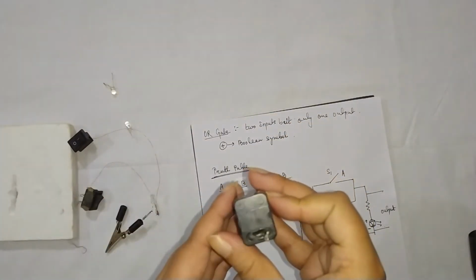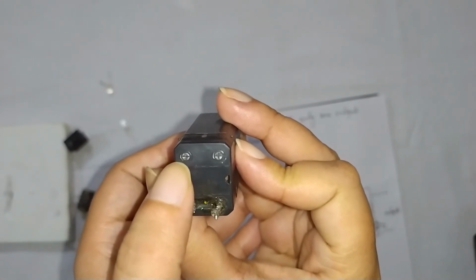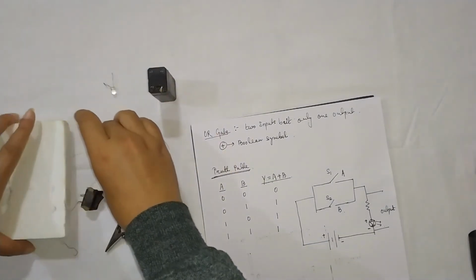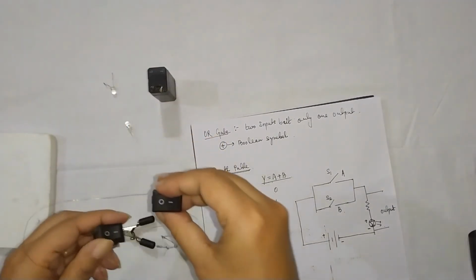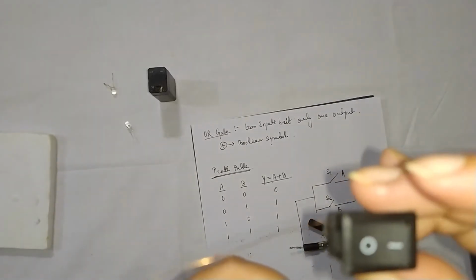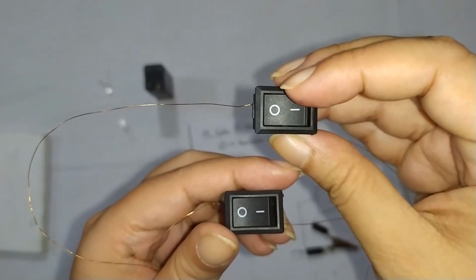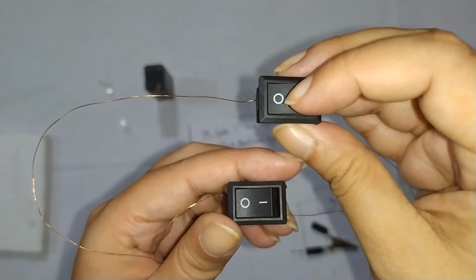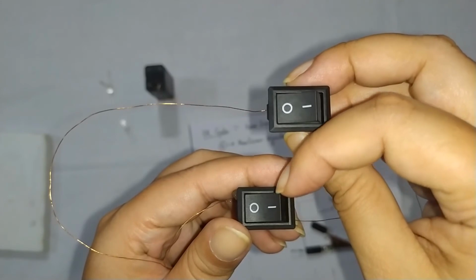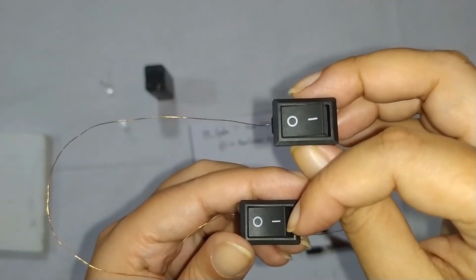You can see here, this is the battery. This is the negative terminal of the battery and this is the positive terminal of the battery. These are the switches, and over the switches there are written 0 and 1. 0 means off, 1 means it's switched on.